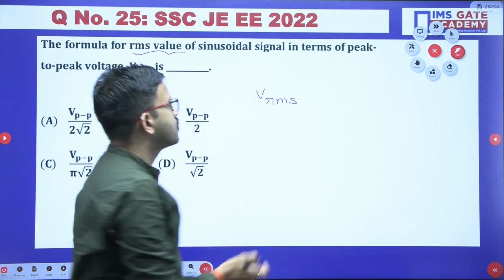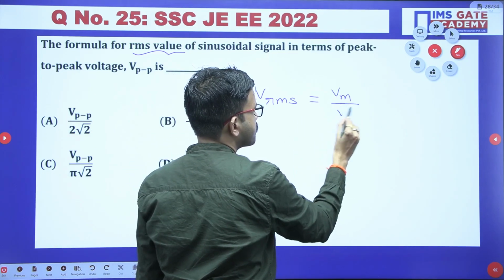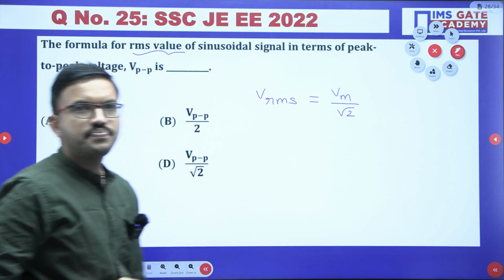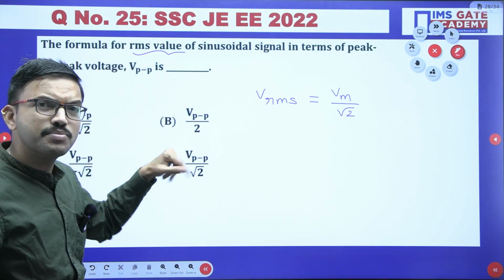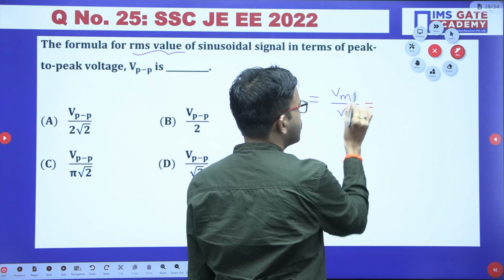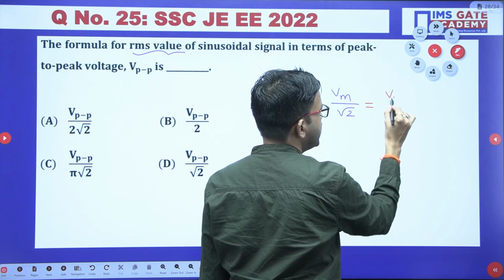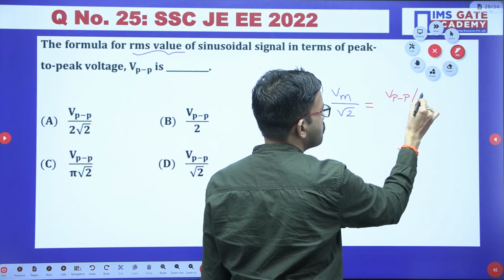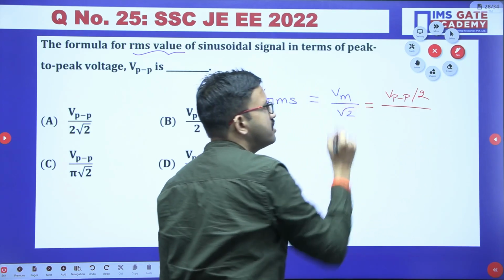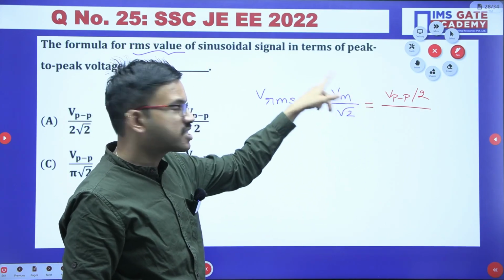So RMS value is nothing but the peak value divided by root 2. But here they are asking in terms of peak to peak. So whatever the peak value you are having, if you want to write that in terms of peak to peak, peak to peak divided by 2 is nothing but Vm. Or in other words we can say peak to peak voltage is nothing but 2 times the peak value.